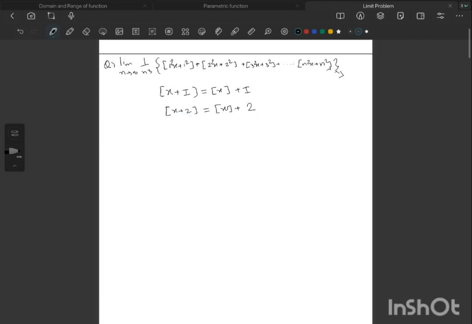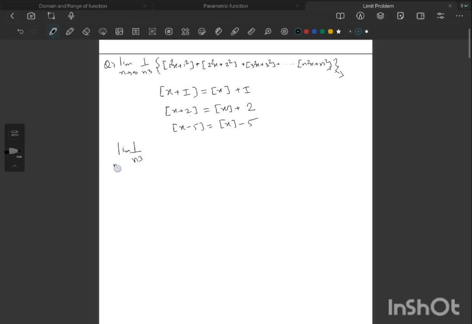For example, the greatest integer of x minus 5 is the greatest integer of x, minus 5. So according to this, 1 square, 2 square, 3 square are natural numbers and integers, so we can put them out of the box.